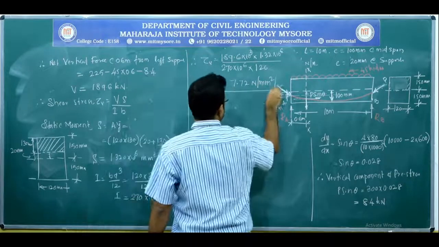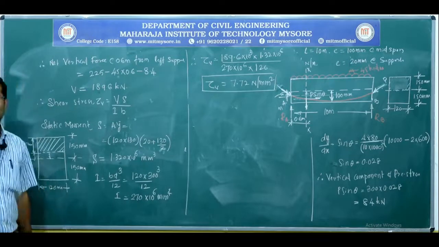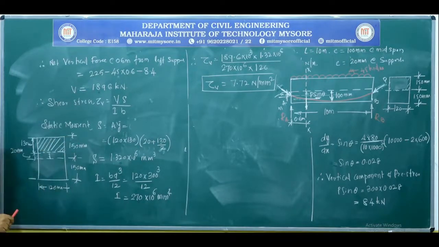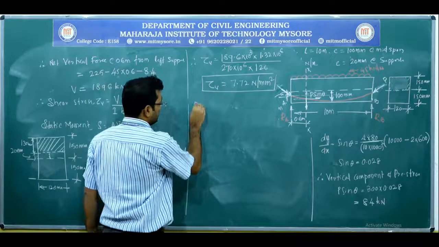So this is the shear stress at 0.6 meter from the left support, 20 millimeter above the neutral axis. Means particularly at this location the shear stress is 7.72 newtons per millimeter square. Now let us calculate the principal tension.